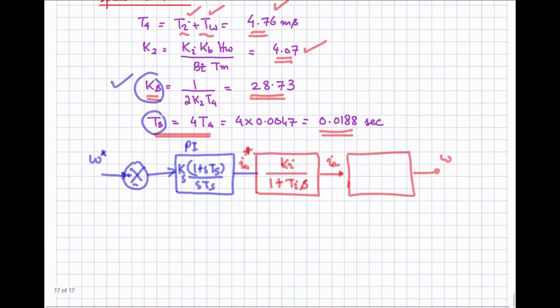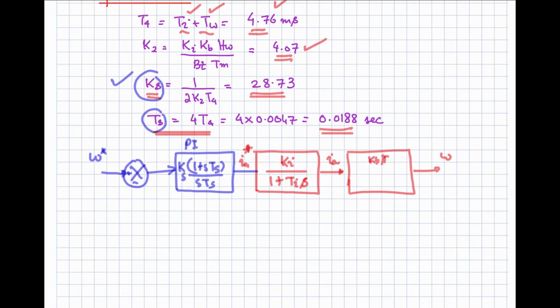Let's write it over here, Kb by BT divided by 1 plus sTm. So we know the information of Kb, BT and Tm, so we can find this one, and then we can feed it back through the gain H of omega, H of omega divided by 1 plus T of omega.